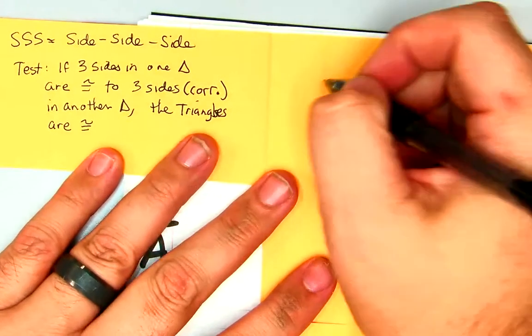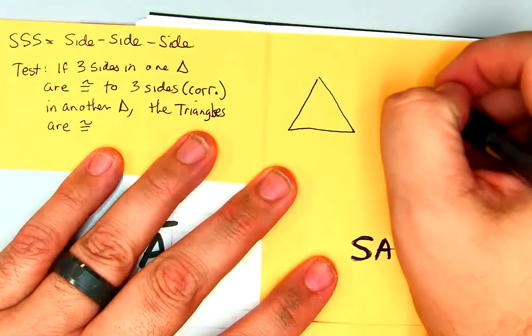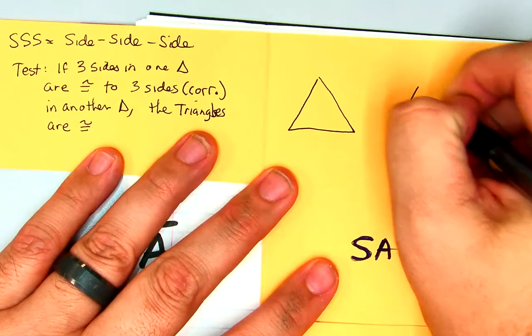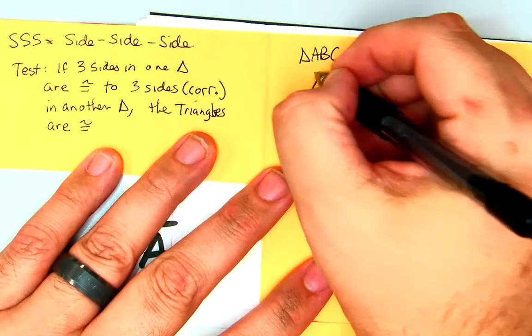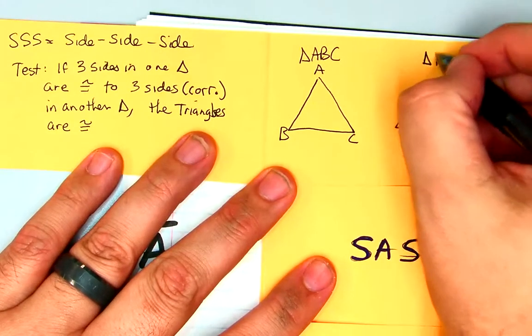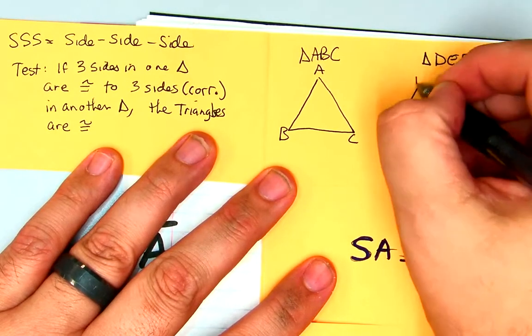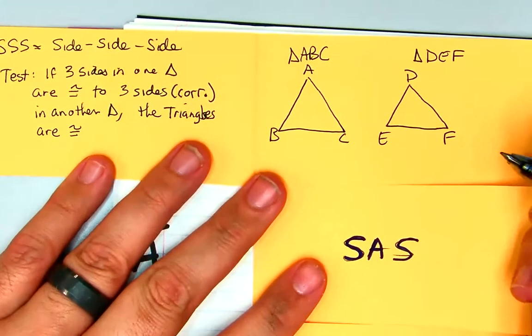Now for side, side, side, just make two triangles that look about the same. This is triangle ABC, so A, B, C. And this is triangle DEF, D, E, F. You do the best you can.